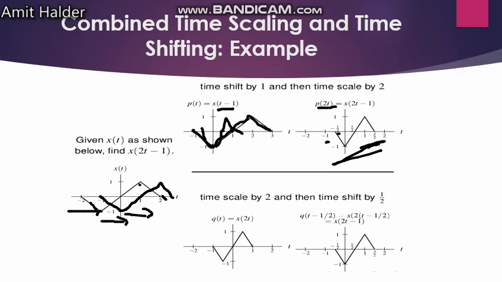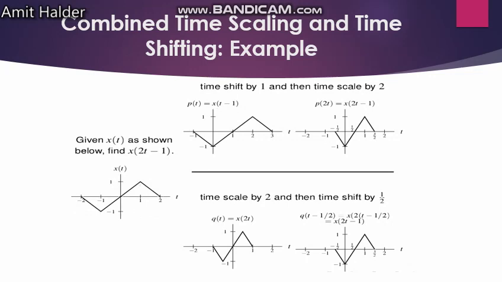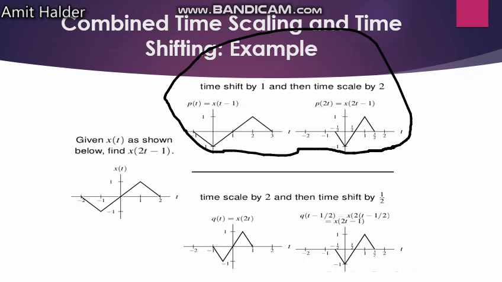Again, you can take another approach. If you take time scale by 2 and then time shift by half, you can get the similar thing. I strictly suggest you follow this. It is a pretty much easier process for the combination of time scaling and time shifting.